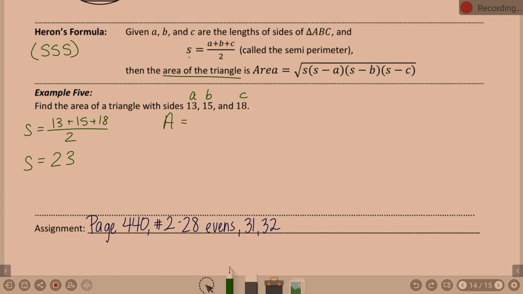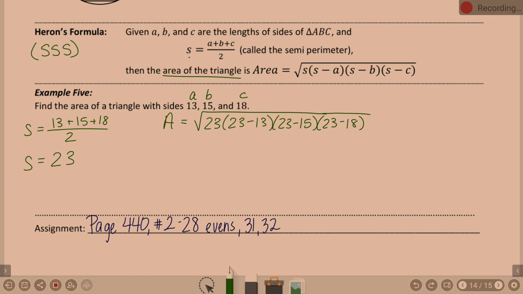Area is equal to the square root of S, so 23, times S minus A, 23 minus 13, times S minus B, 23 minus 15, times S minus C, 23 minus 18. Clean it up and do it in pieces, or plug it all into the calculator as you please.